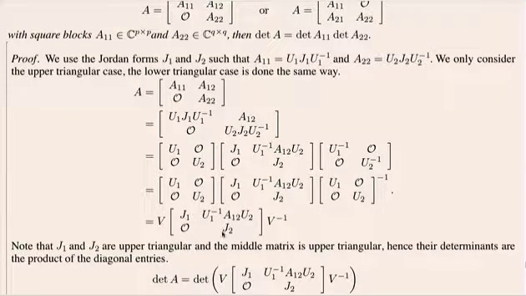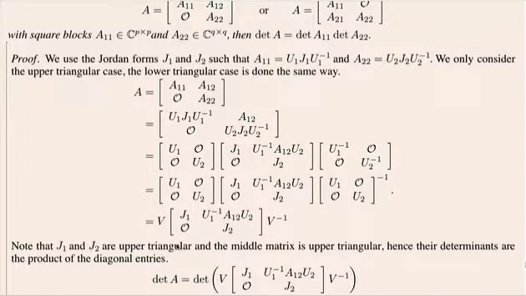Notice that this is not just block upper triangular: J1 and J2 are actual upper triangular matrices in the middle. And in the diagonals we have the eigenvalues, of course, of J1 and J2, in the middle of this multiplication.